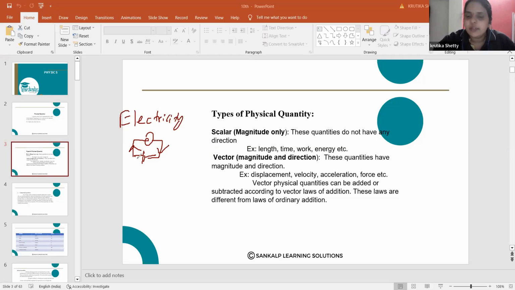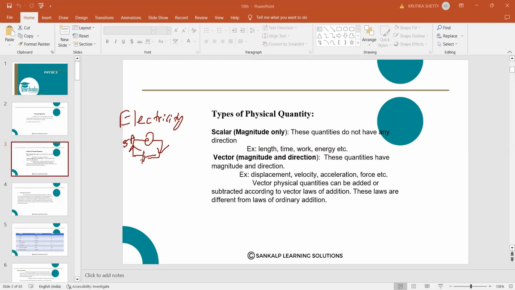This is the definition of electricity, or the direction of the electricity. So I will take that 5 ampere of current is flowing from the positive terminal to the negative terminal. Now you both tell me whether it is a scalar quantity or a vector quantity.